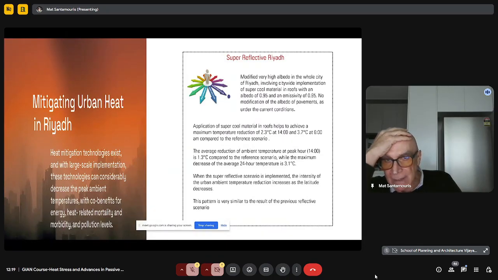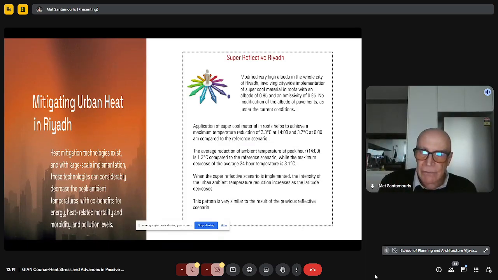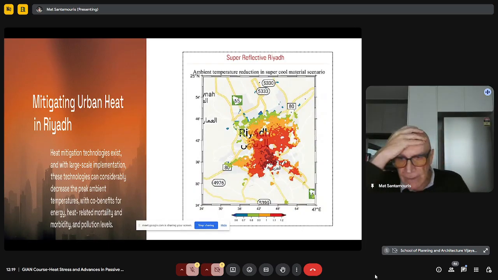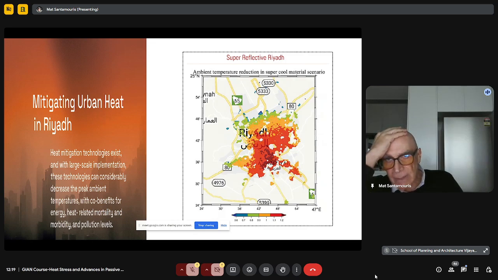But don't forget that the use of the supercool materials was now restricted to the roofs, while before we had an implementation both at the street level, pavements, and the roofs.